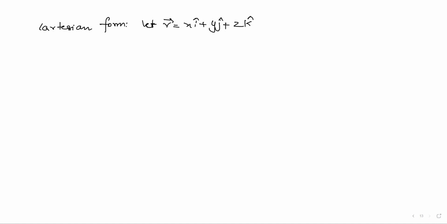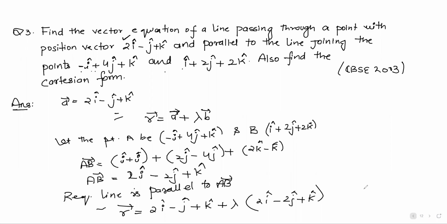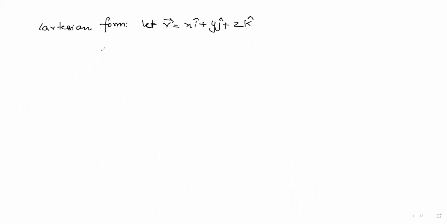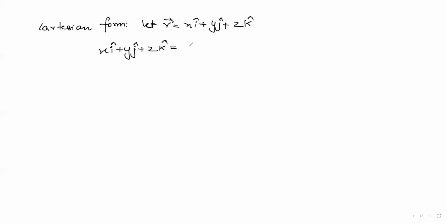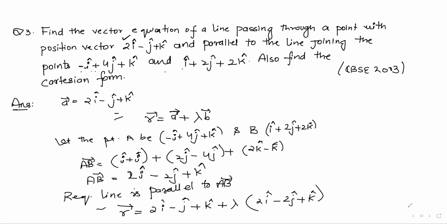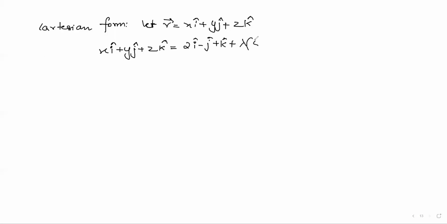Okay, this is R. So x I cap plus y j cap plus z k cap is equal to 2i minus j plus k plus lambda times 2i minus 2j plus k cap.